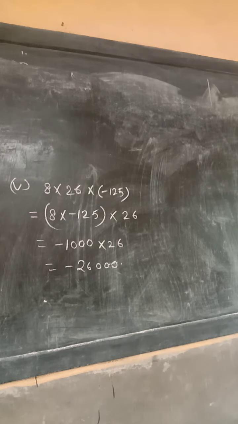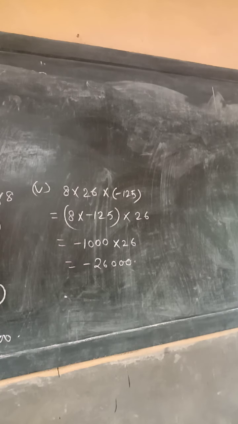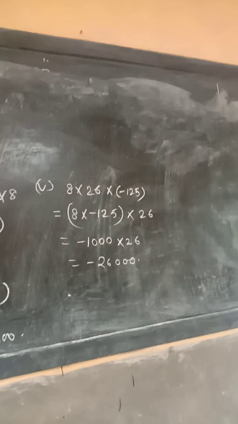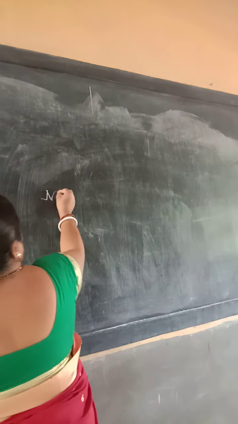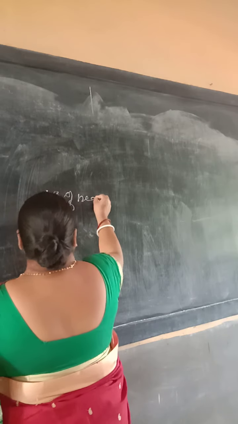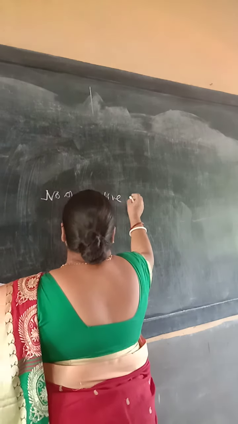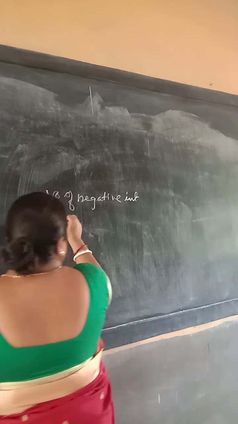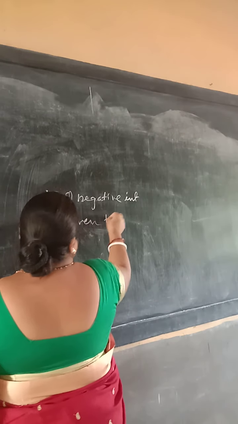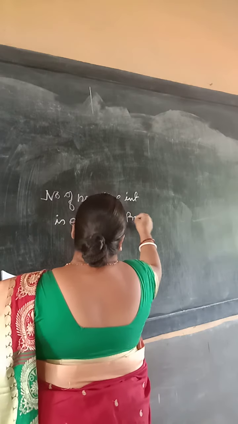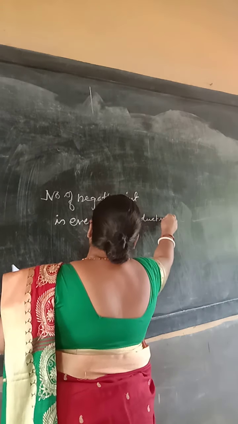In question number 3, they have asked what will be the sign of the product if you multiply 10 negative integers and 1 positive integer. Now you have to see the number of negative integers. If the number of negative integers is even, then the product is positive.